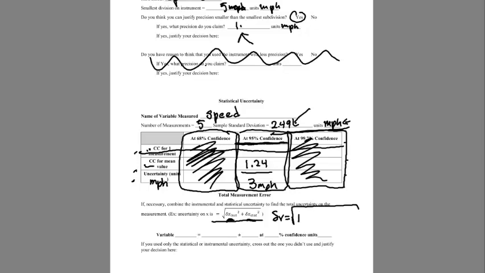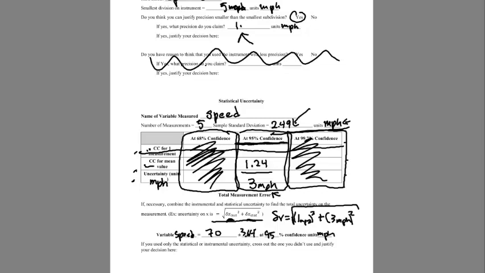It's just going to be 1 mile per hour, and we're going to square that and add to it the uncertainty that we got from the statistical uncertainty, which is 3 miles per hour squared. Do the math on that, and that gives me that my speed has an average value of 70 miles per hour plus or minus 3.64 at 95% confidence miles per hour.